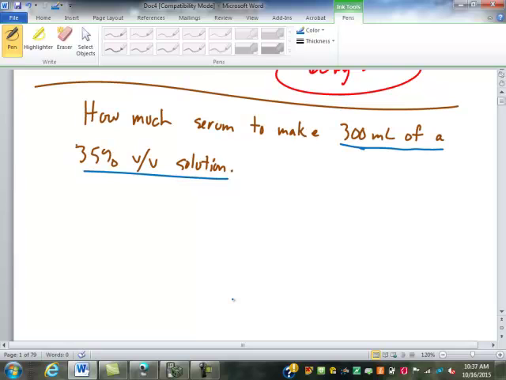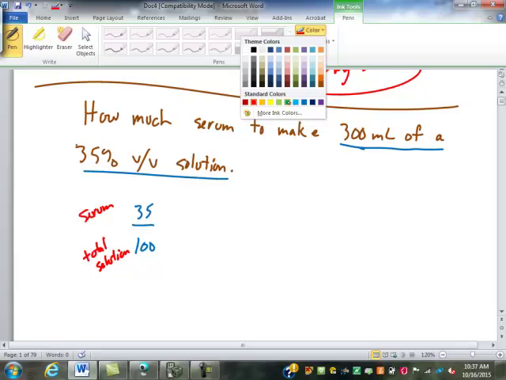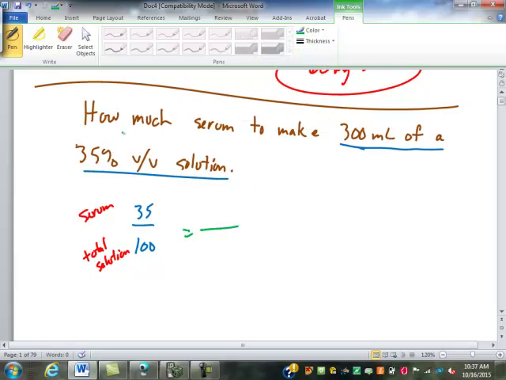So in a volume in volume, 35%, of course, is 35 out of 100. The 35 is the serum, and the 100 is the total solution. And we are looking for the amount of serum.